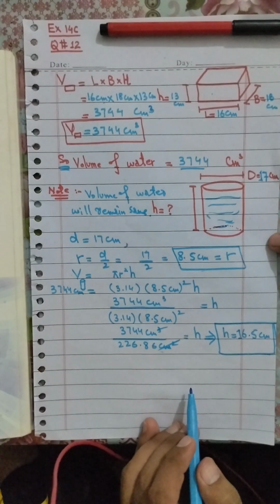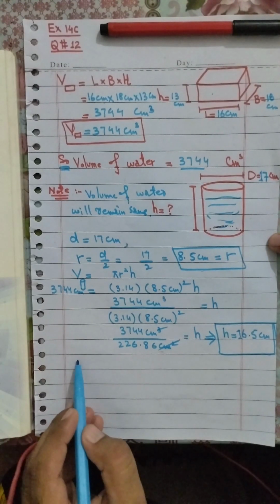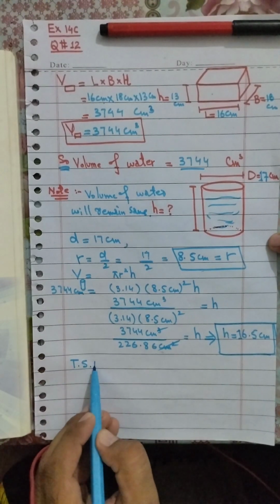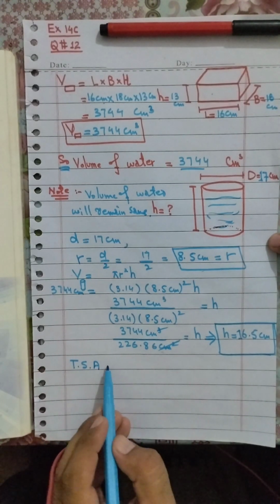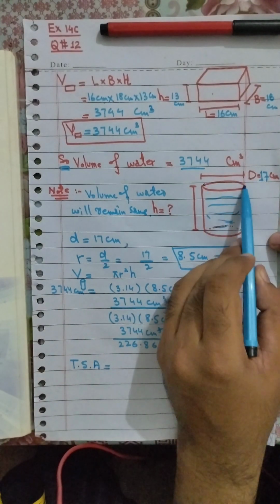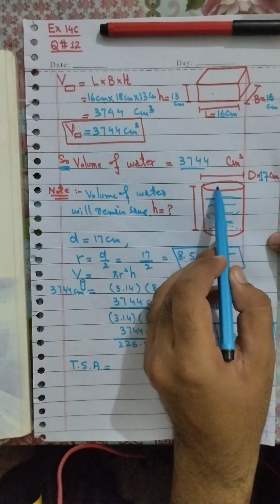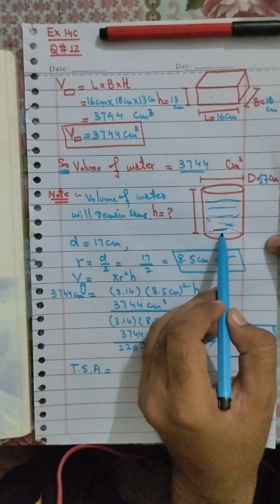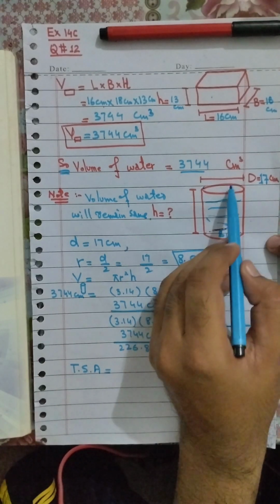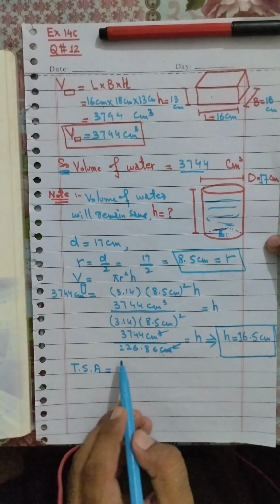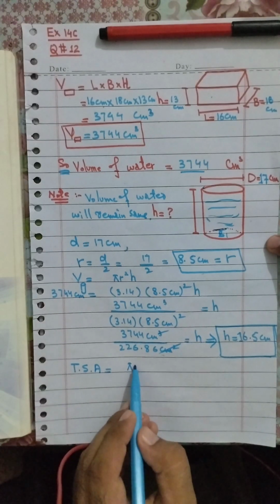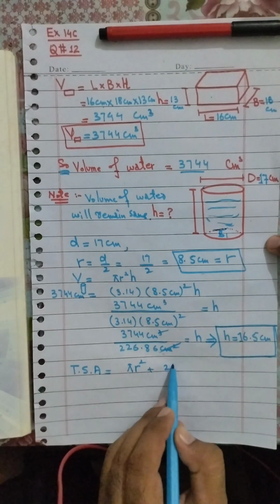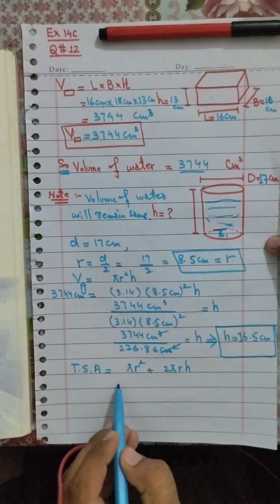In the next step, they want to know the total surface area of this container, which, as it is an open cylinder, means only one base will be counted, the second base is not here. So normally it is 2 pi r square plus 2 pi r h, but this time it becomes pi r square plus 2 pi r h.